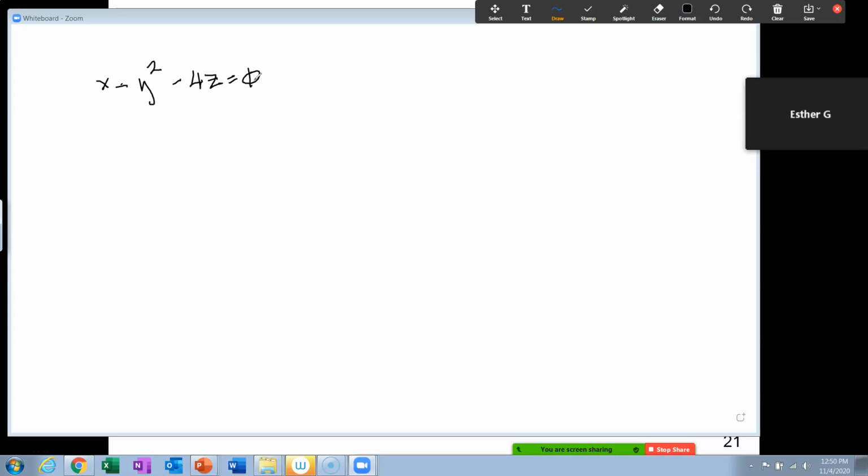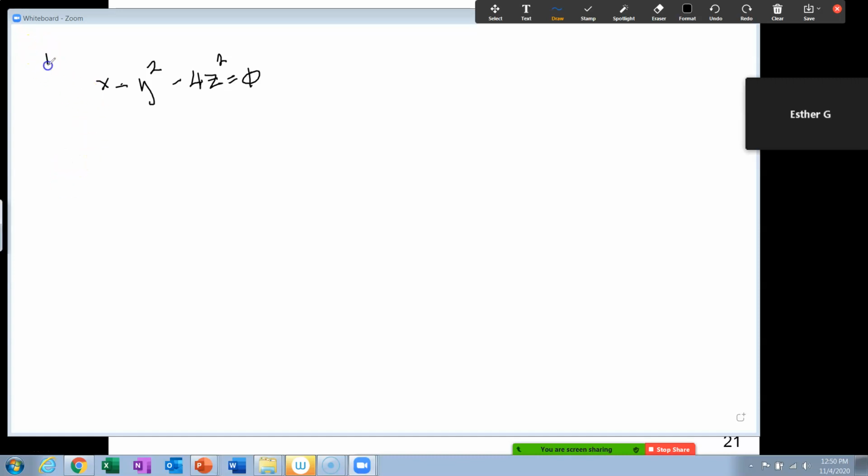Now, it says classify and sketch each surface. Now, number 1, that's the z squared. Okay. Number 1, when you have one variable to the first power, the other 2 to the second power, that gives it away. This is a paraboloid.